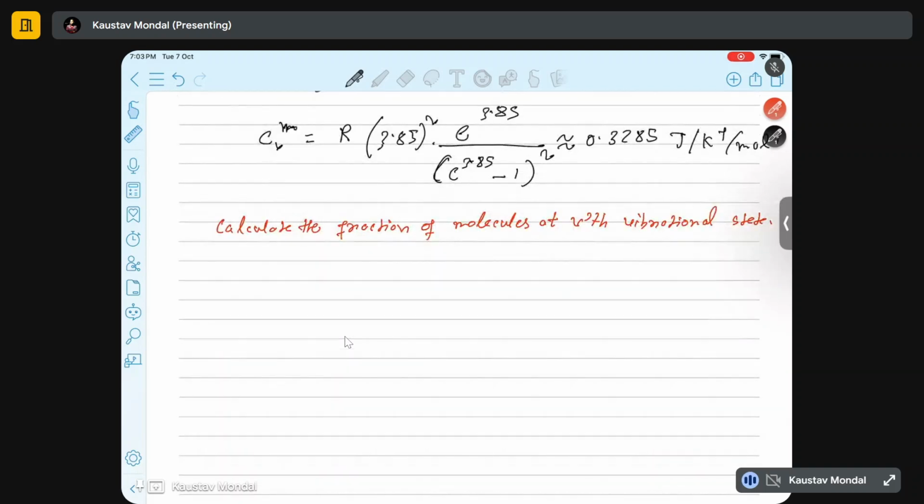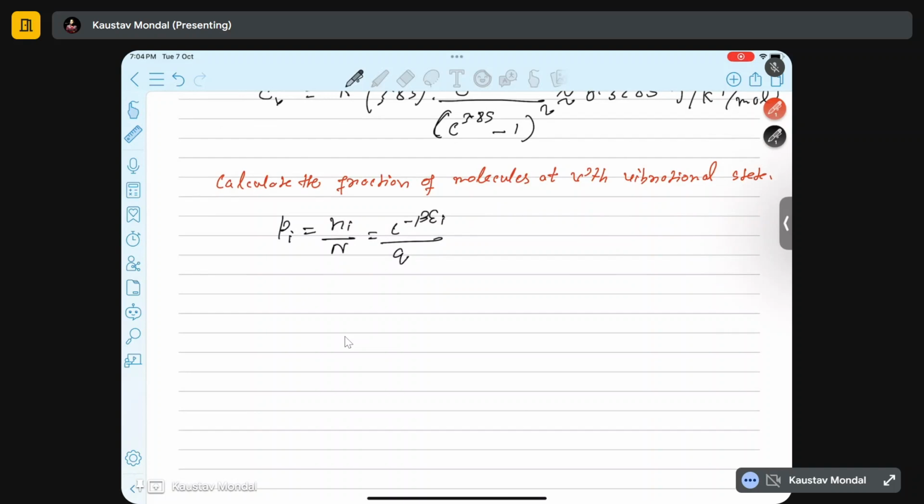So according to the Boltzmann distribution function, the fraction of molecules in the state i is Ni by N equal to e to the power minus beta εi by Q. This is the partition function.